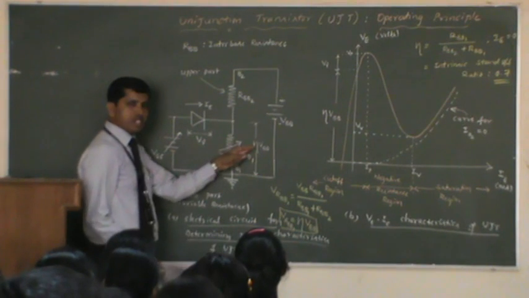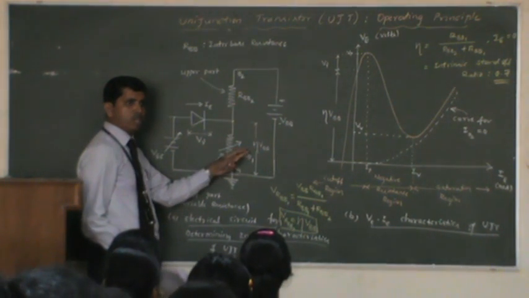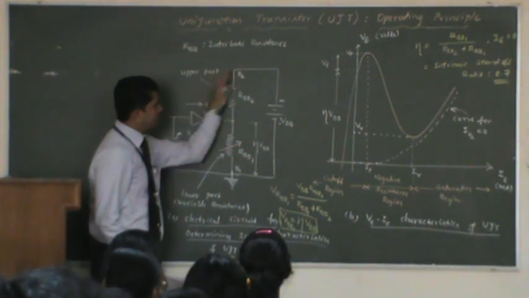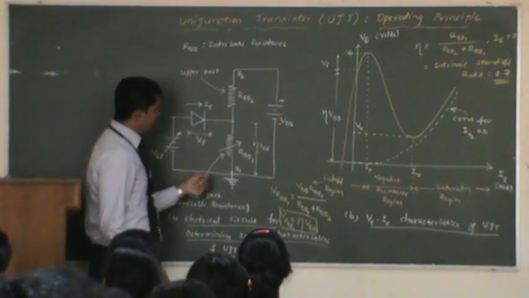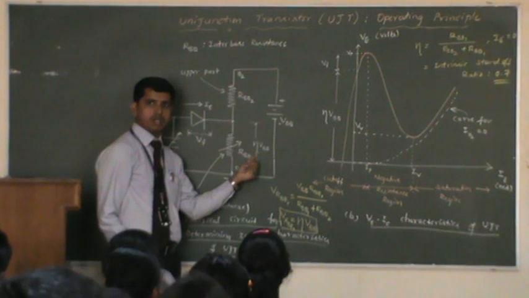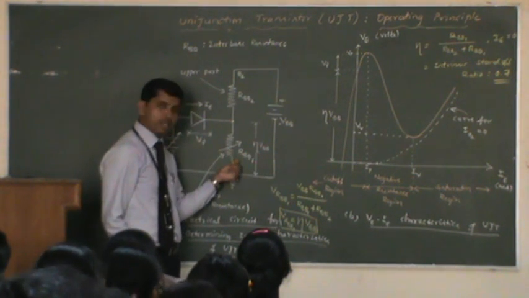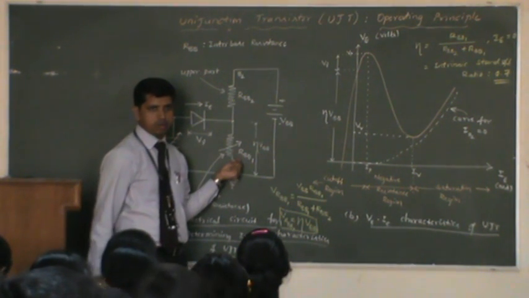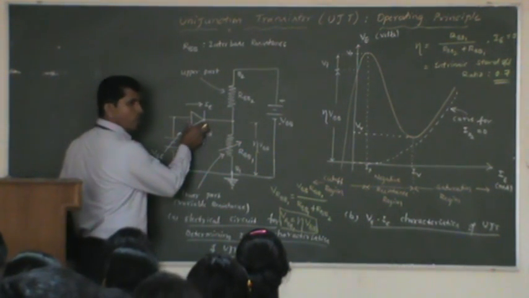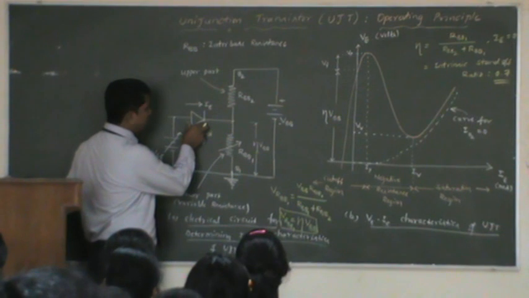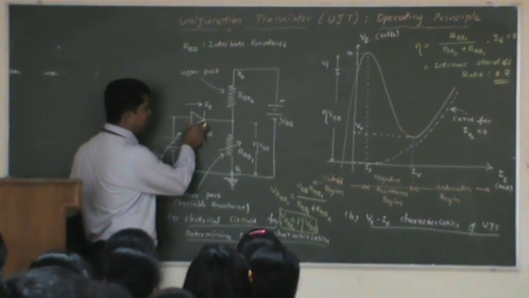So why is this voltage important for us? Because from this we are going to explain the characteristics or working principle of this unijunction transistor. Any questions about how you obtain this voltage across RBB1? It is the simple voltage division rule. We need to understand this because the diode present here can be forward biased or reverse biased based on this voltage.